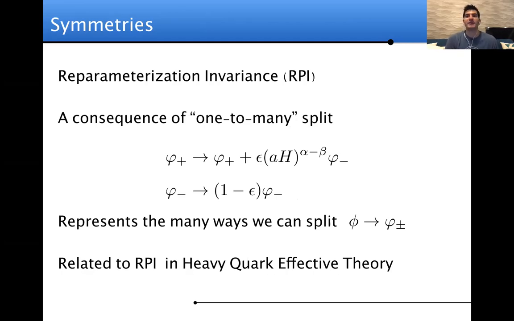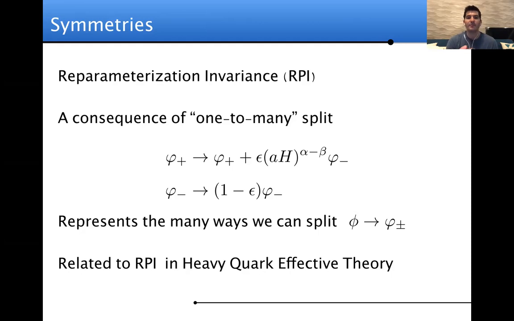One of the novelties of this effective theory is that there are additional symmetries related to the way the field is constructed. So in particular, we've taken one field and decomposed it into many. And as a result, there's actually no unique way to do that. And so there's a residual reparameterization invariance related to the fact that there's more than one way to split these two fields.